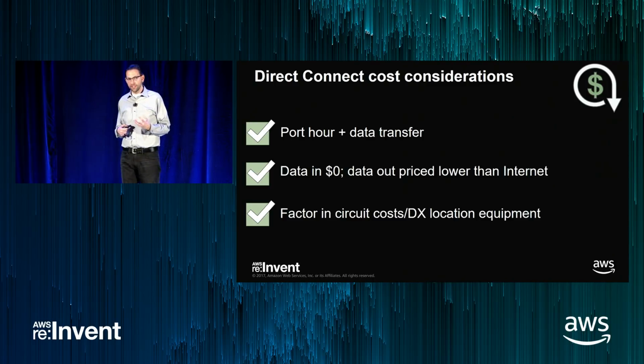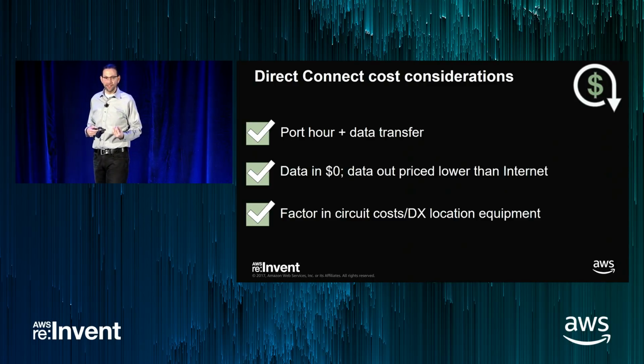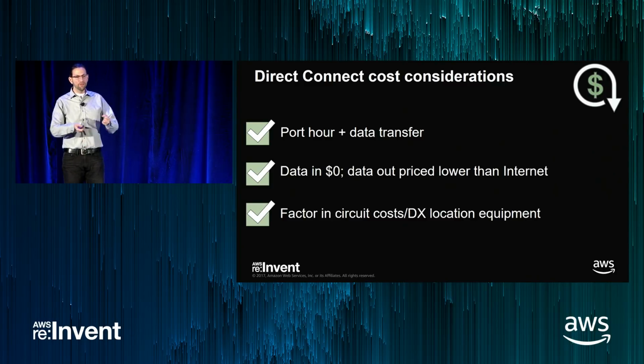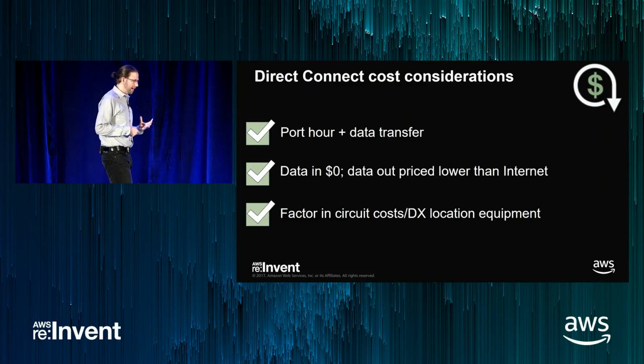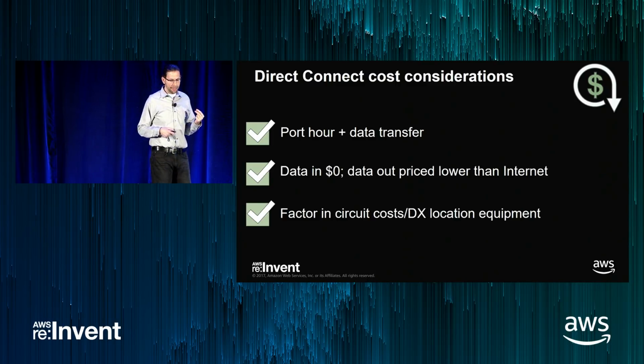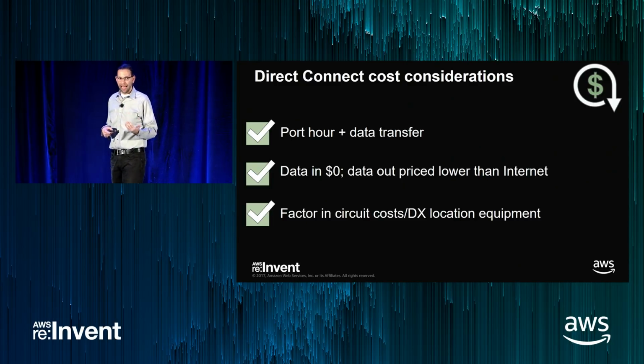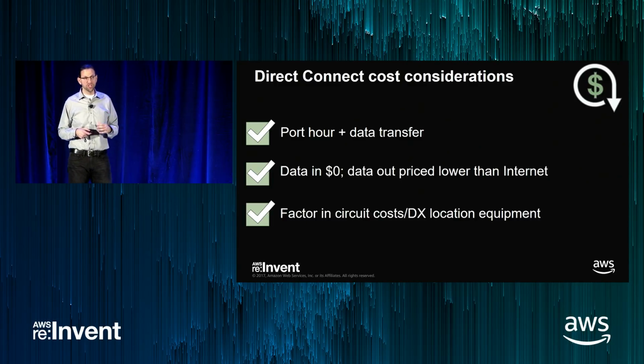When I say over the internet, I mean the pricing that is in effect when data is flowing out of a VPC or out of the region over the internet, whether it's VPN'd or in the clear. When you're evaluating the Direct Connect costs, you need to not only think about the data out, the data egress, but also the port hours, and that will depend on the port speed that you've selected, as well as what was involved with getting to that location or establishing your physical presence there.